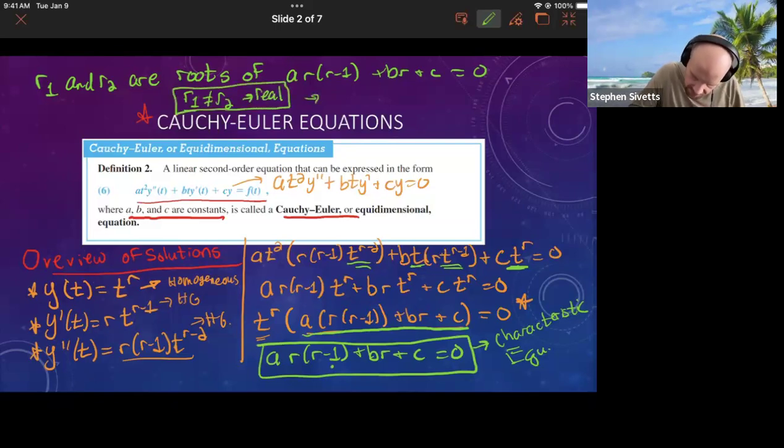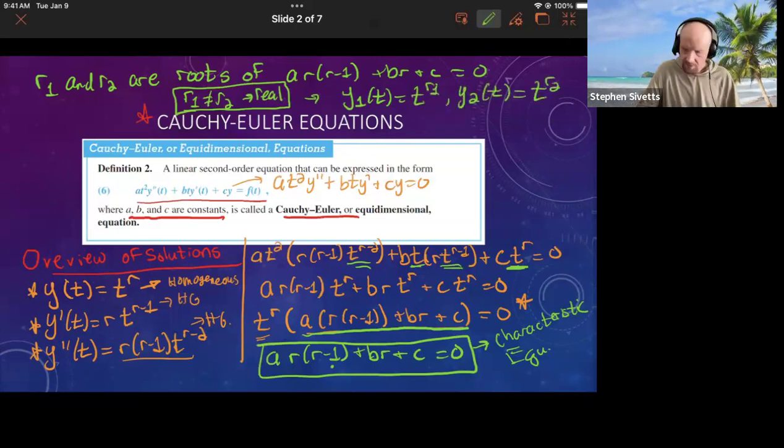Then we'll have two distinct solutions: y1 of t is t to the r1 power, and the other solution is y2 of t equals t to the r2 power.